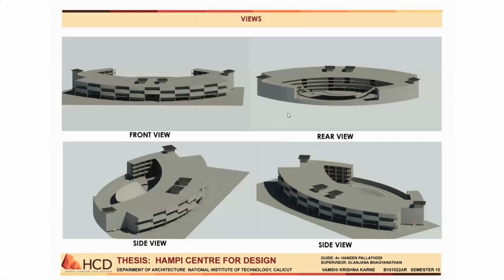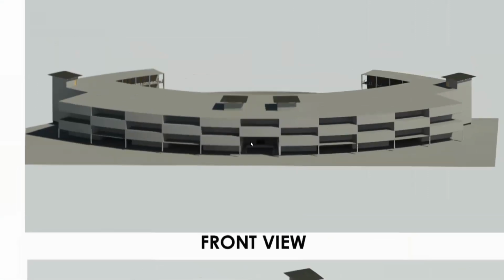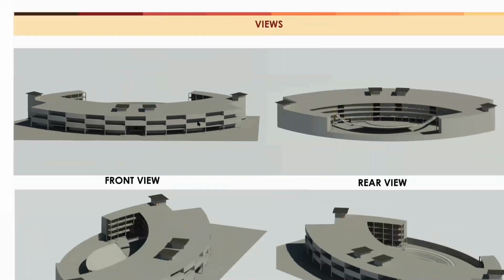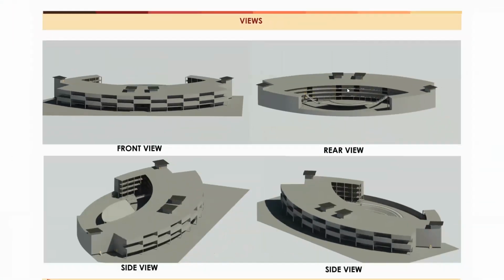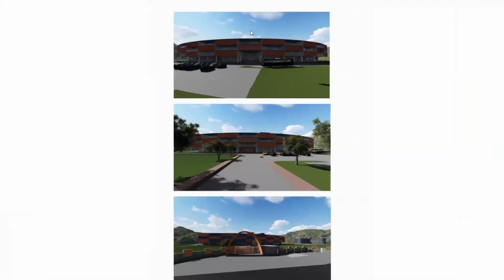Views of the academic building. Inside out spacing of the classrooms. OAT within the building. This is the views of the building.